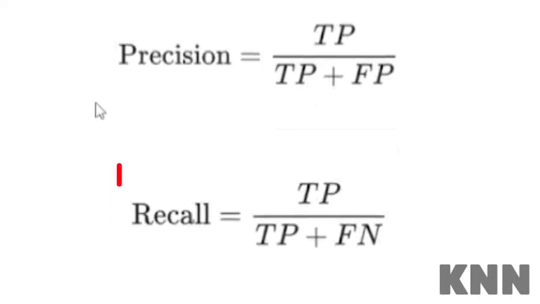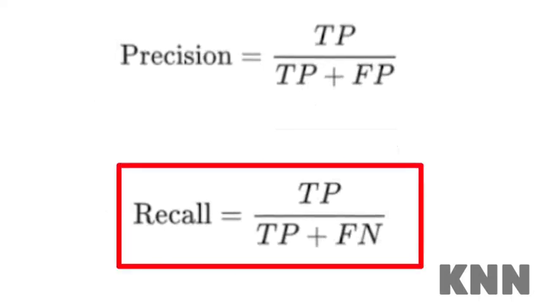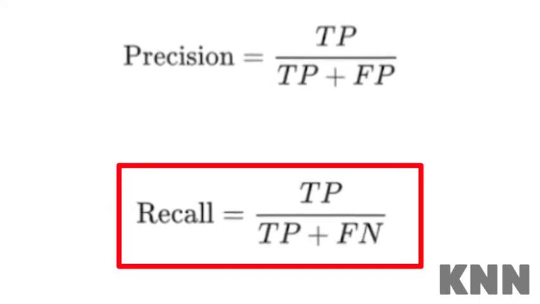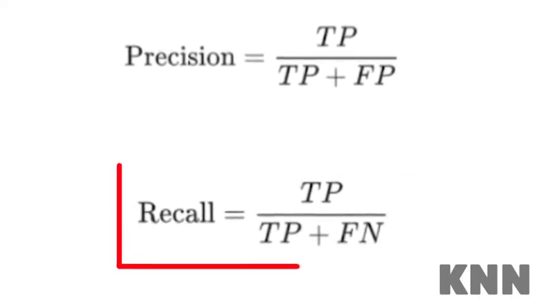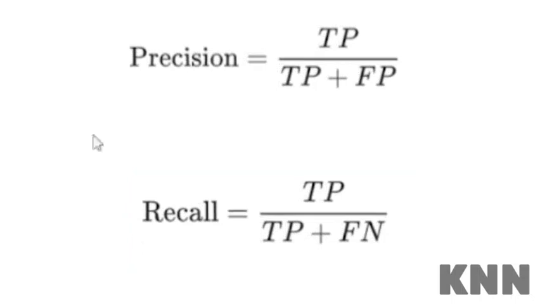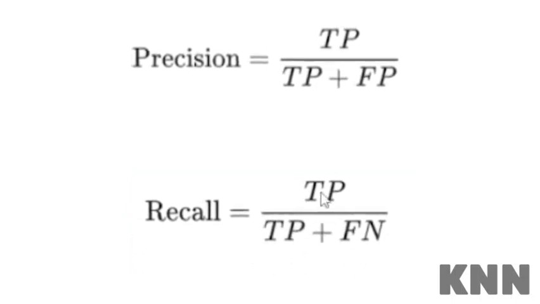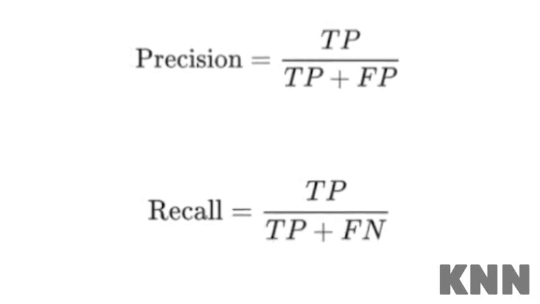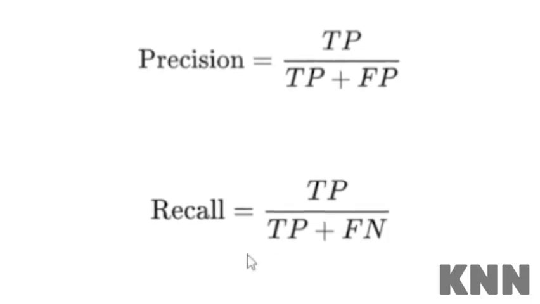And coming to recall, it is true positive divided by true positive plus false negative. Okay, so we will be considering the false negatives, which are not identified correctly. So the proportion of how many in total are positive and how many are detected as positive. This will actually be the entire true positives, but we will be getting only some portion predicted, not a little, but more like 80 to 90+% of the data predicted as true positive.